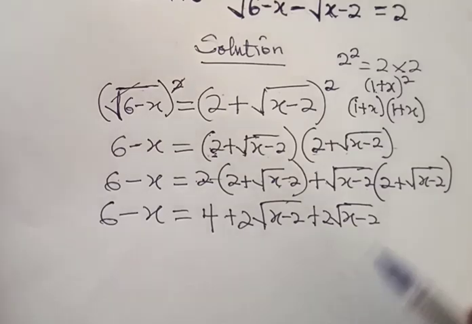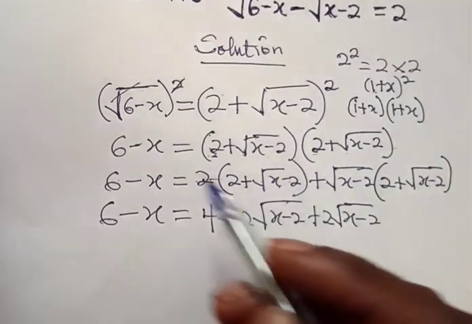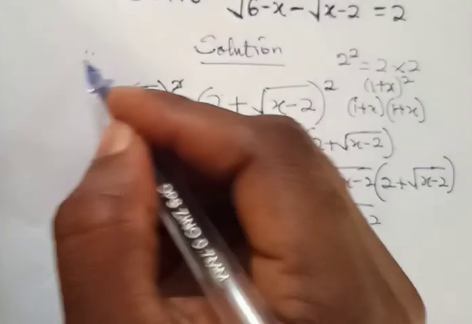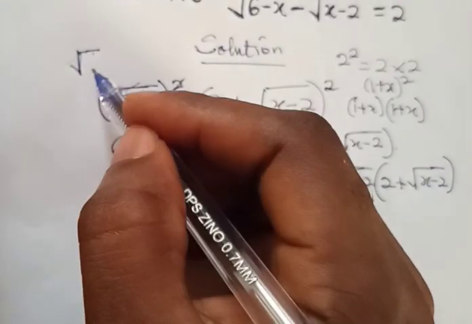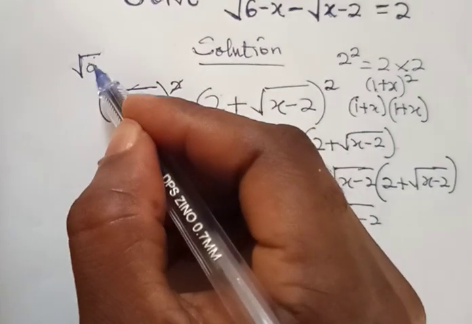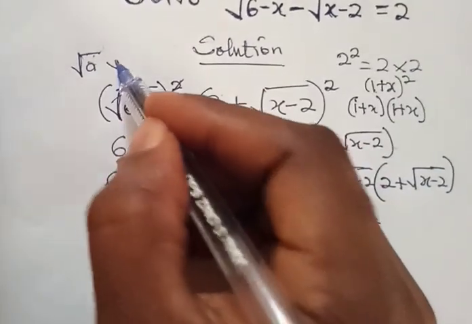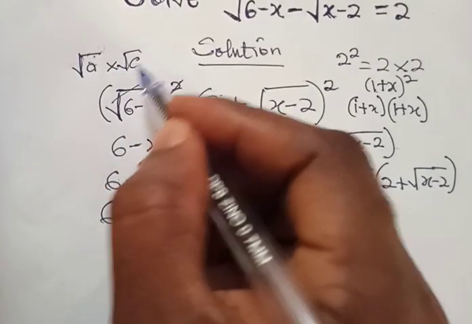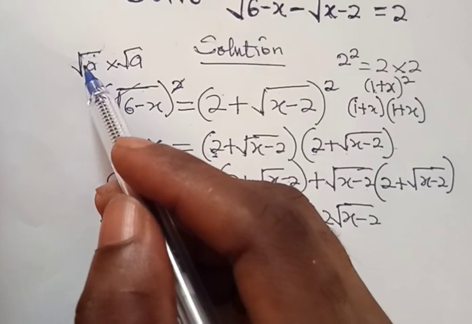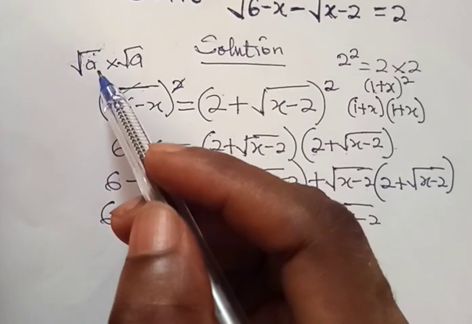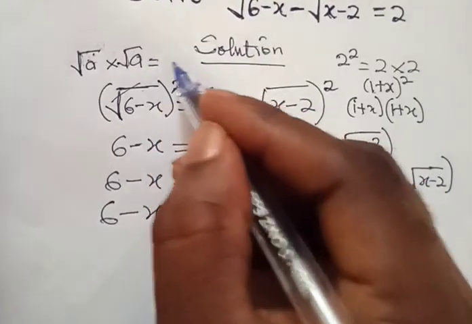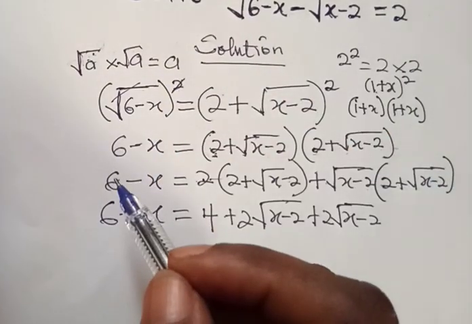All right. Now remember once again what we did. If I give you this, remember the basic principles we did and said, if I give you a square root of a times another square root of a. Remember what we did when we were learning the basic principles. It means that when they are the same, our answer will just be a. Have you gotten that?